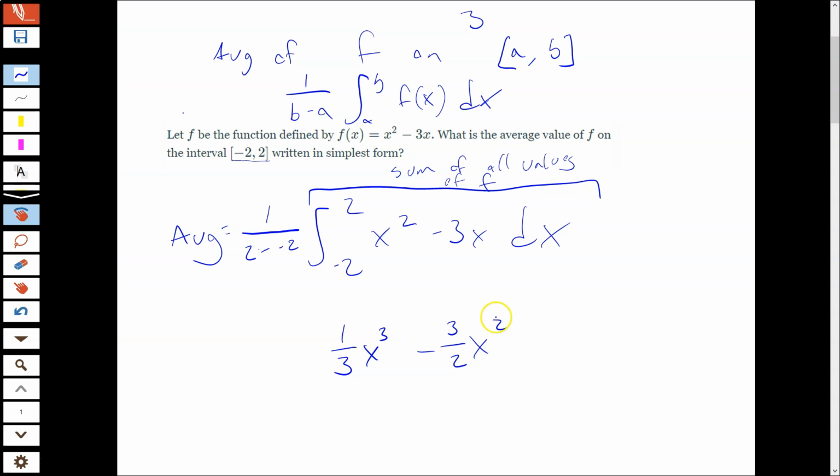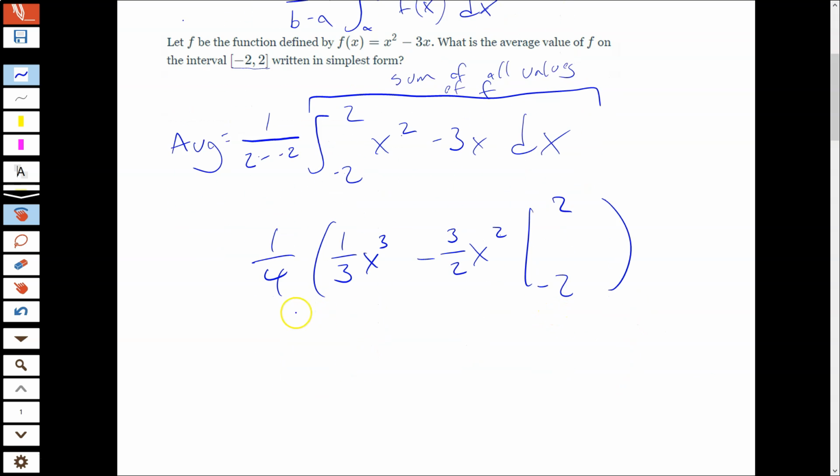And then I could check real quick, does my derivative equal my original function? Well, 3 times 1/3 is 1. And then 3 minus 1 is 2, so that works. And then same here, 2 times 3/2 is 3, and then minus 1 is 1. I'm evaluating this integral from -2 to 2, and then this becomes just 1/4 in front, right?